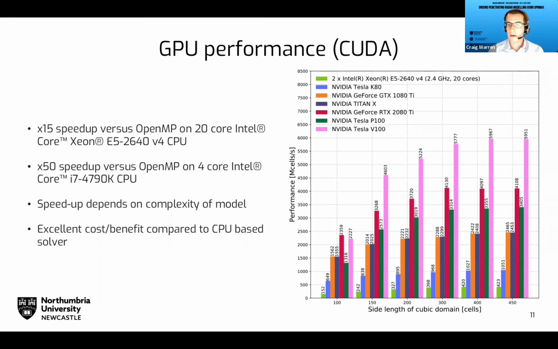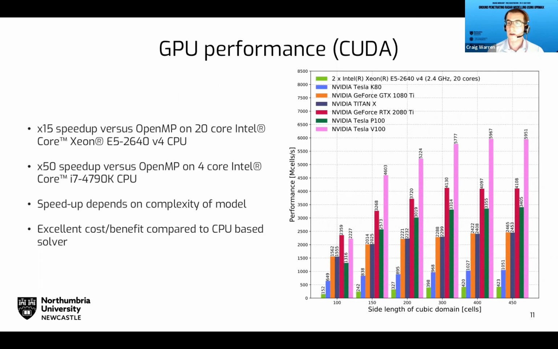So let's take a look at the performance of some different GPUs versus our best case CPU scenario. The orange bar from the previous slide of our 20 core HPC node has now become the green bar on this slide. Then we have a range of consumer and HPC spec GPUs.